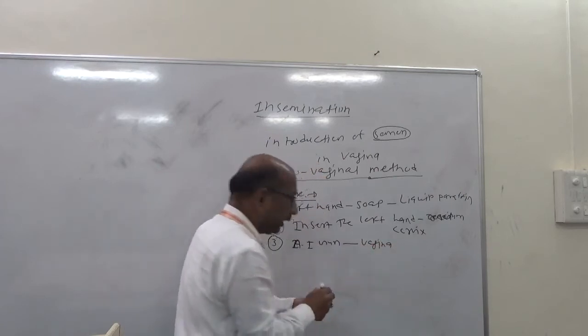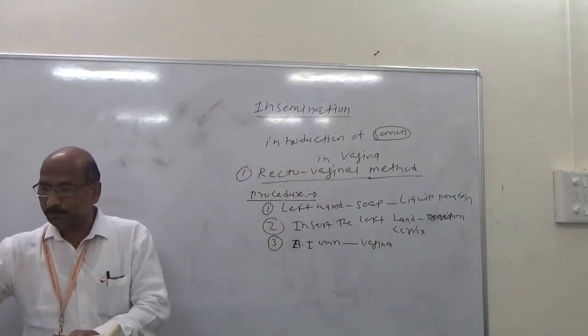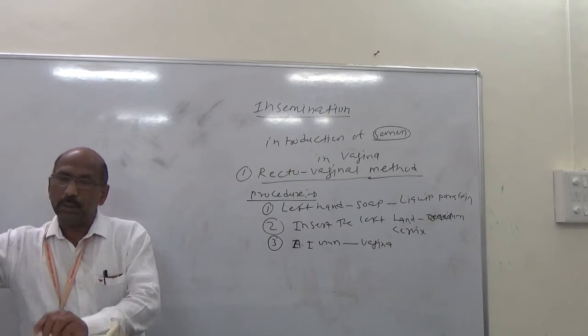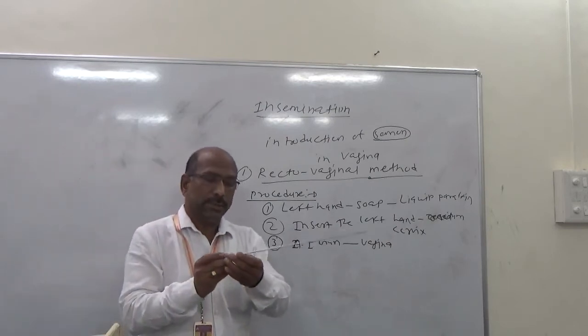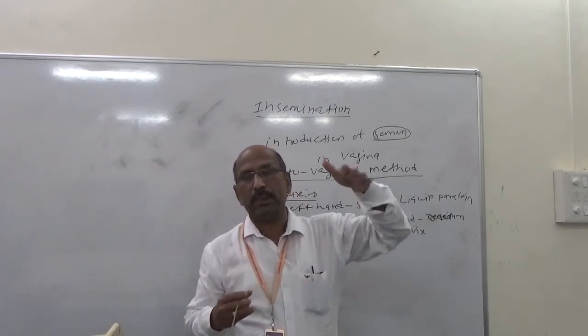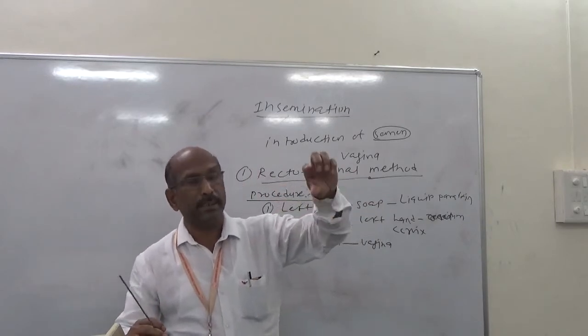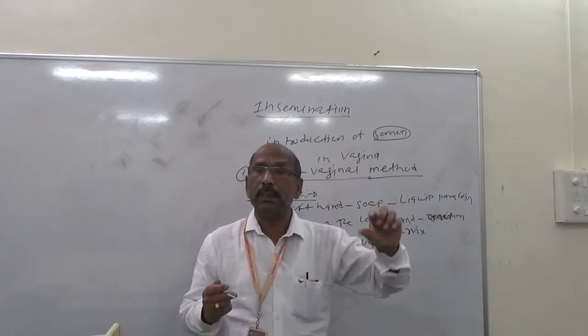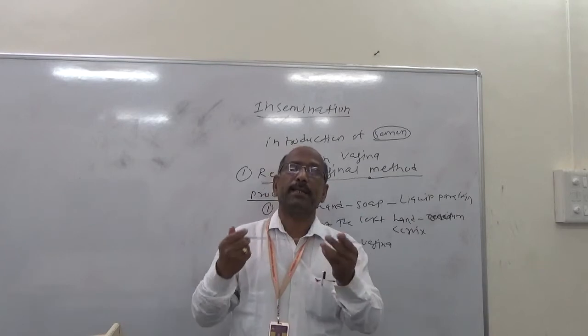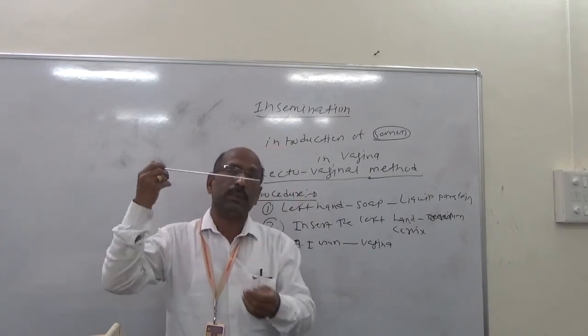So what is the AI gun? So this is the AI gun. By inserting the left hand into the rectum and grasping the cervix, with the help of the right hand, insert the AI gun.